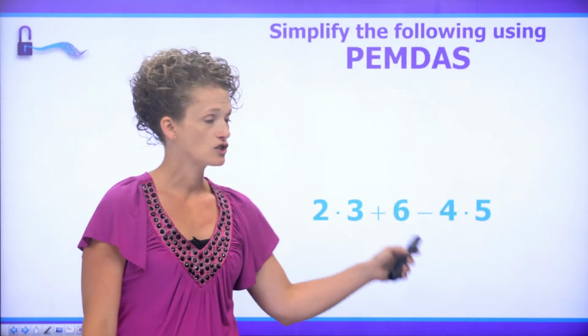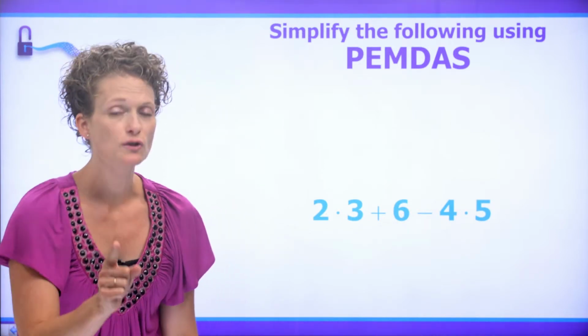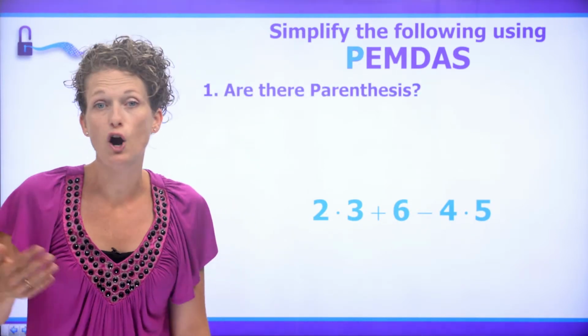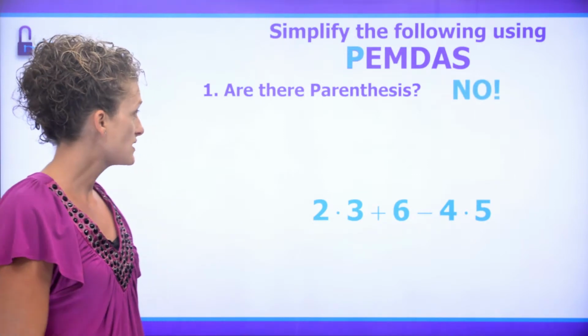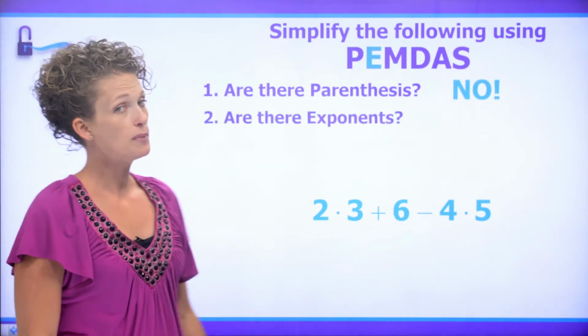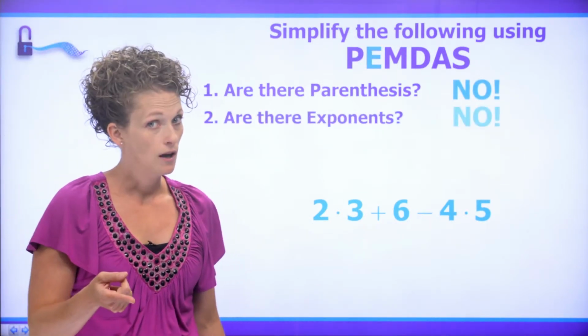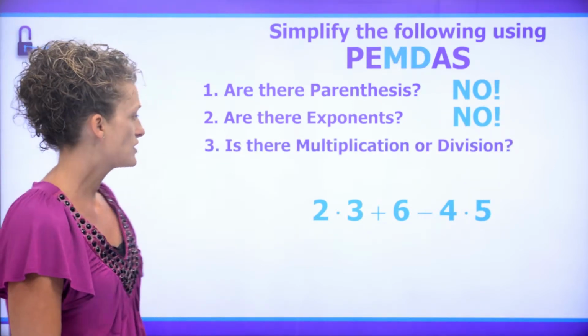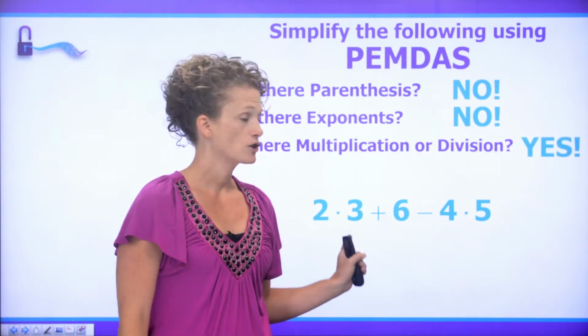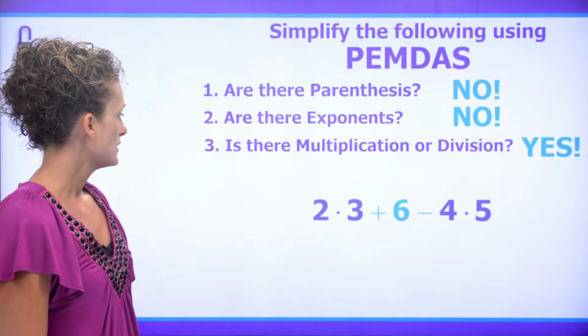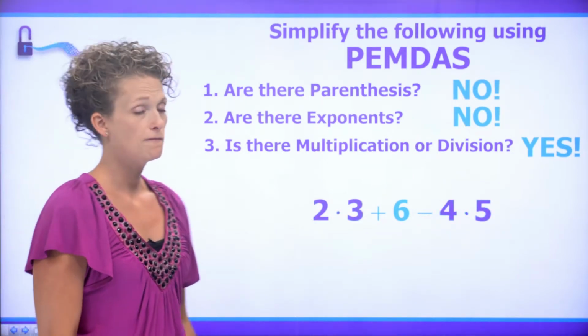Now, this is a much longer question, but we follow the same steps. We ask ourselves, are there parentheses? And the answer in this case is no. Are there exponents? No. Are there multiplication and division? Well, indeed there is. There are 2 multiplications, 2 times 3 and 4 times 5.